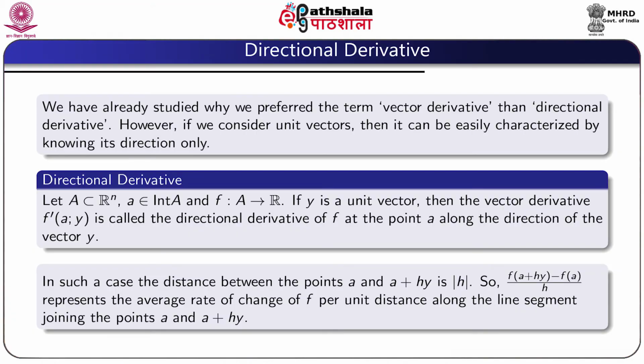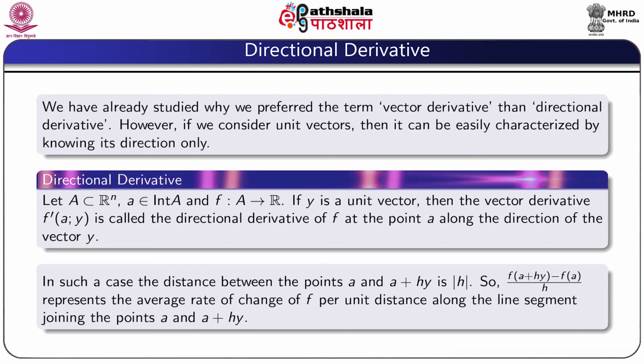The problem with directional derivatives in the first definition was that we found it changed with the change in magnitude of the vector. However, if we consider unit vectors only, then their magnitude is always fixed, that is 1, and all of them can be easily characterized by knowing their direction only.